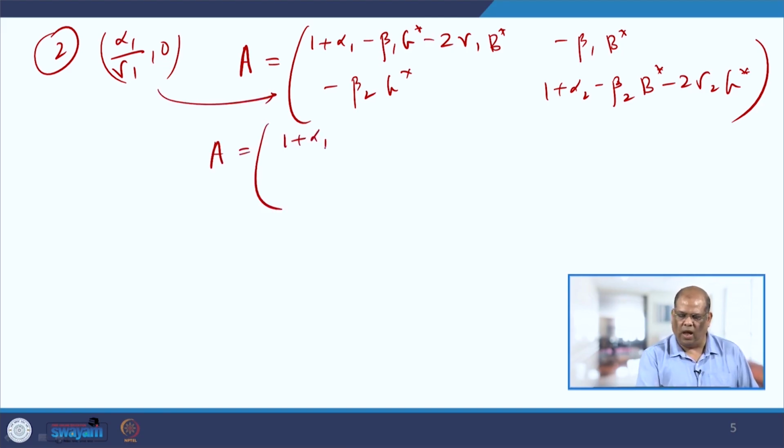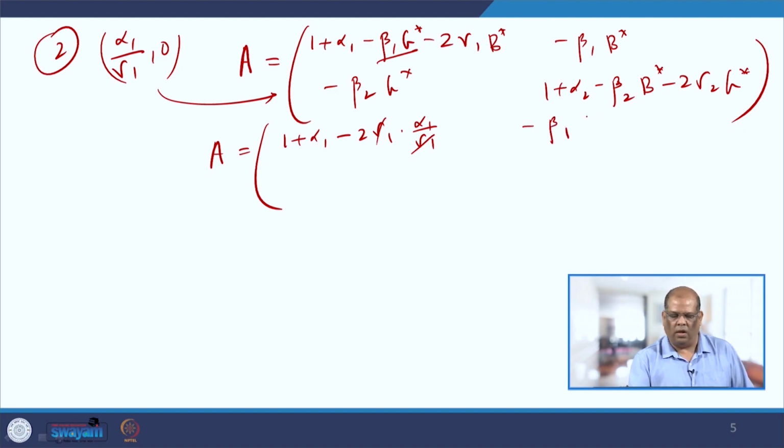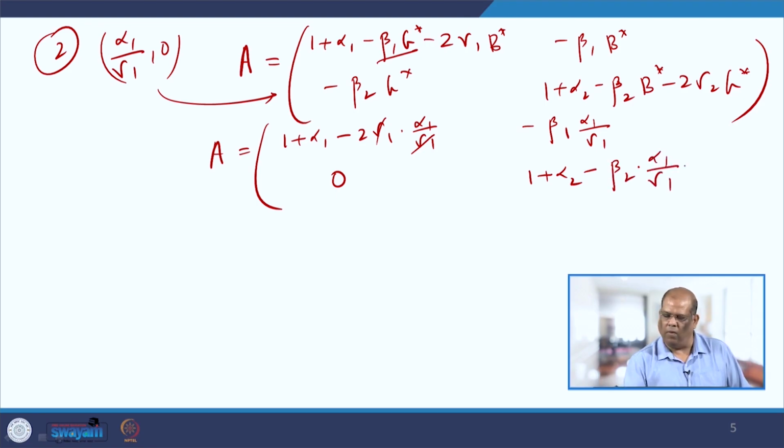So, 1 plus alpha 1 minus 2 gamma 1 times alpha 1 by gamma 1, which gives 1 minus alpha 1. This is minus beta 1 alpha 1 by gamma 1. This value is 0. This is 1 plus alpha 2 minus beta 2 into alpha 1 by gamma 1.